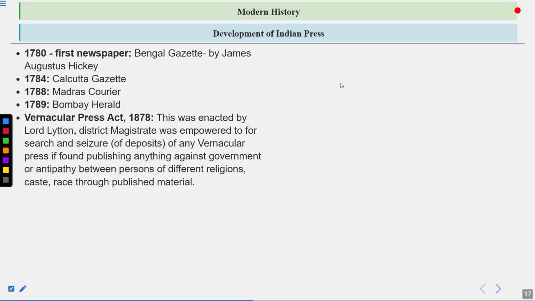Then comes the Vernacular Press Act, 1878. Very important. This was enacted by Lord Lytton. This act is also known as the Gagging Act, and the district magistrate was empowered to search and seize the deposits of any vernacular press found publishing anything against the government, or creating antipathy between persons of different religions, caste, or race through published material.